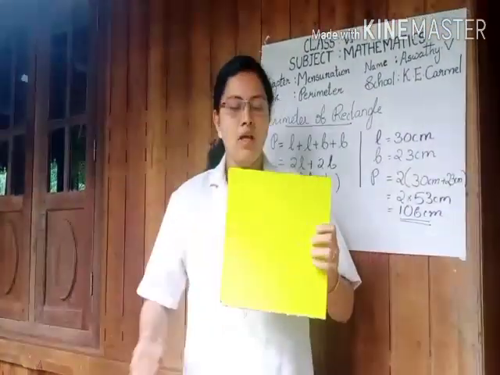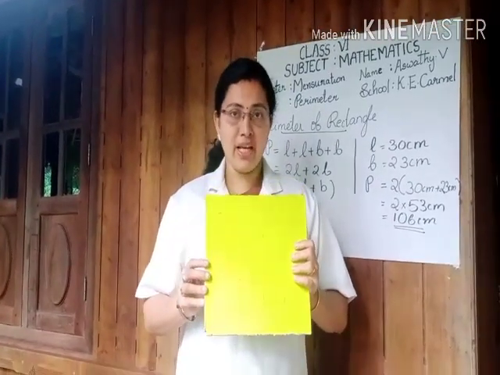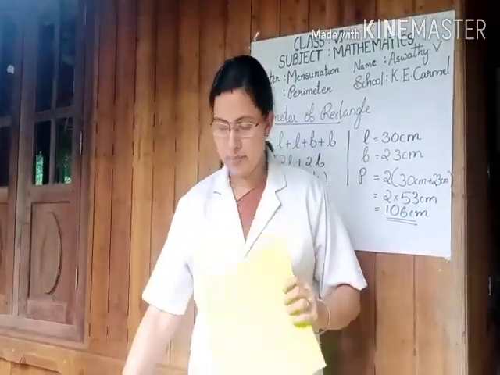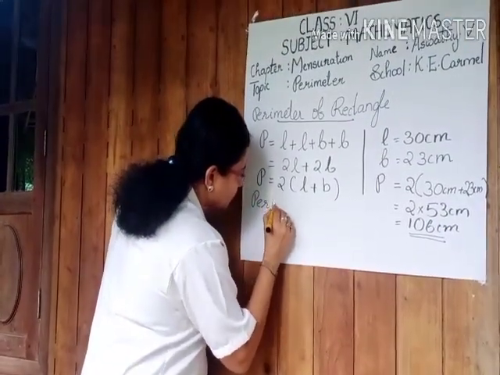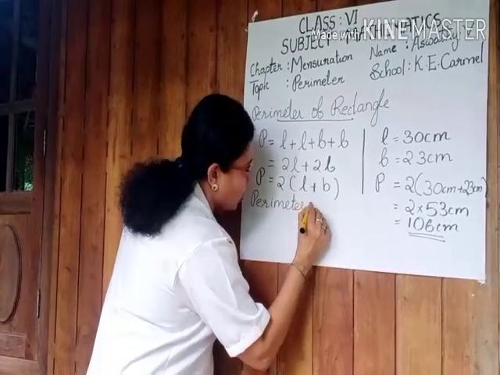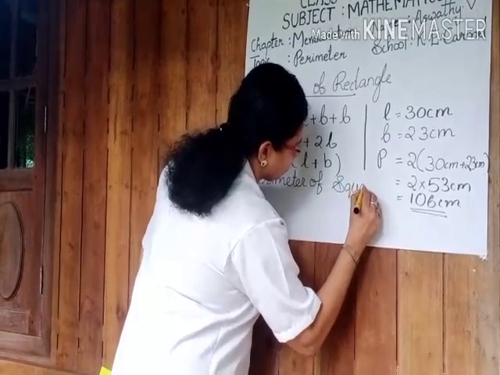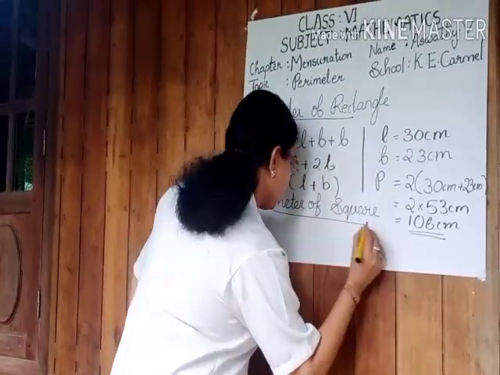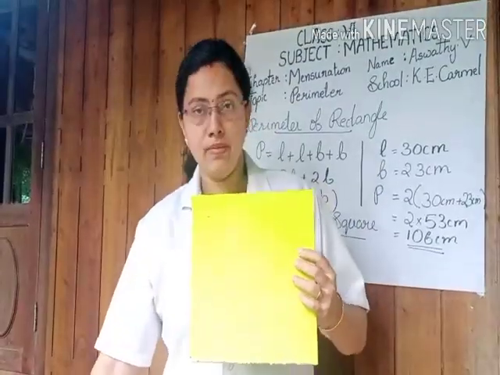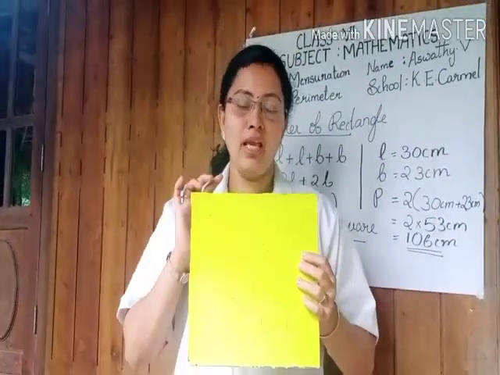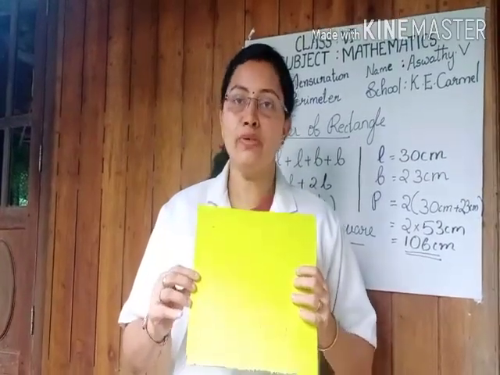Now, what is this shape? This is a square. We will be finding out the perimeter of a square. So, next is the perimeter of a square. A square is a closed figure having four sides. And what is the speciality of the square? A square has all four sides equal.